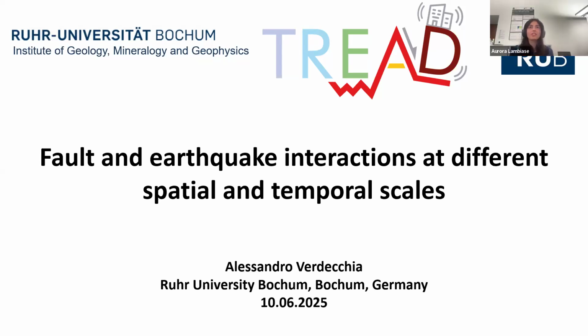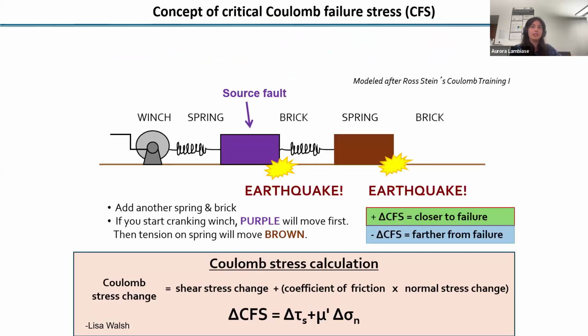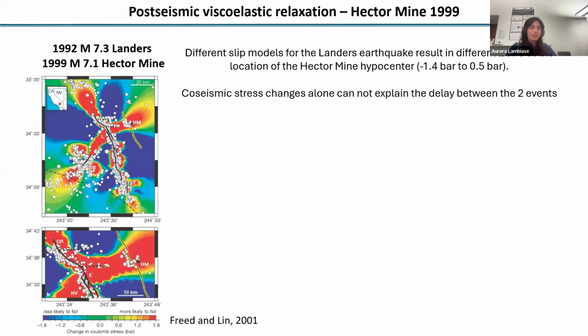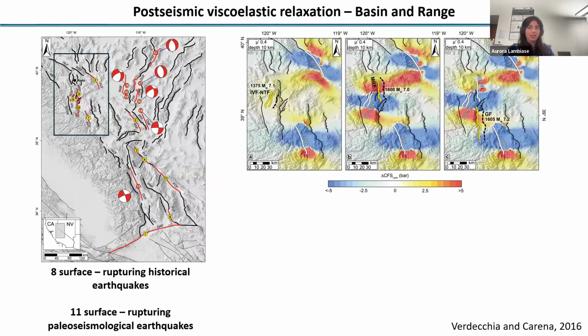I think my question was related to what you just said, which is that we actually don't know which structure is ready to go, and so there could be structures that are very stable, and so even large stress changes are not enough to trigger seismicity. And on the other side, there might be structures that are ready to go, so very small stress changes are enough to trigger seismicity.